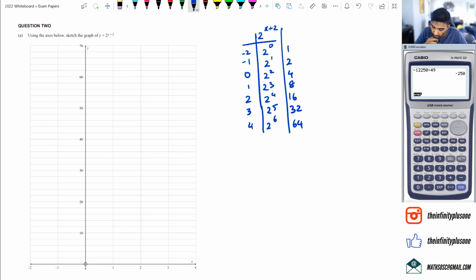So all I'm going to do is put these points on this curve and then just curve it out. So at -2, I've got it at 1. At -1, it's at 2. At 0, it's at 4. At 1, it's at 8. At 2, it's 16, 32, and 64.